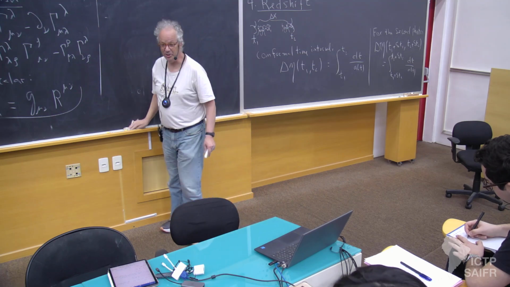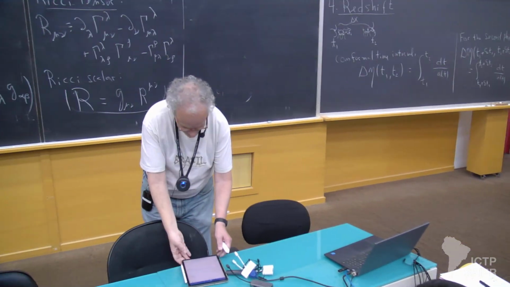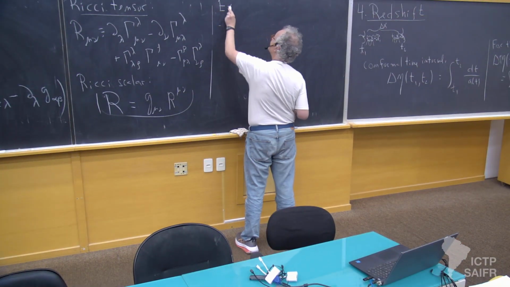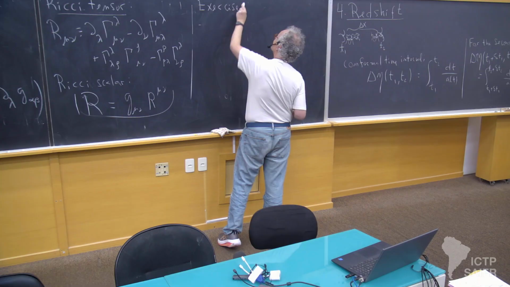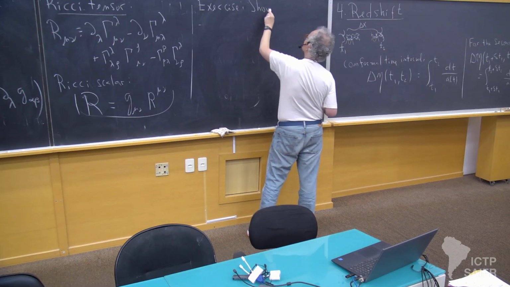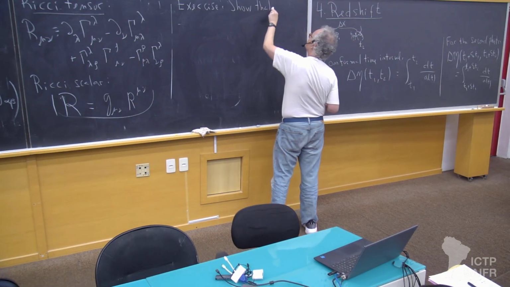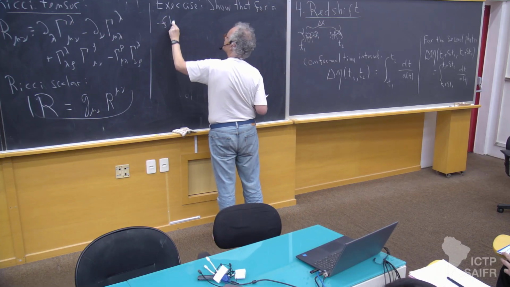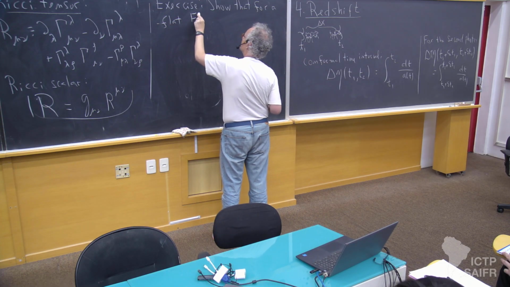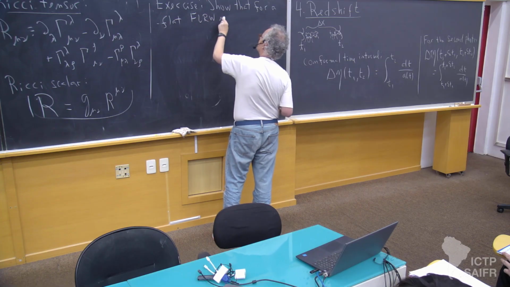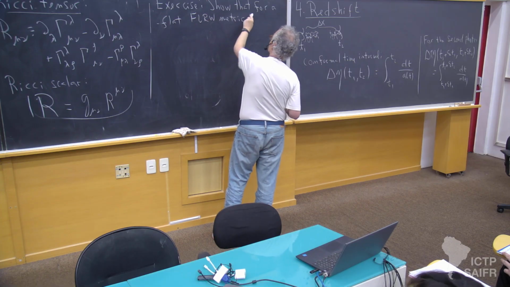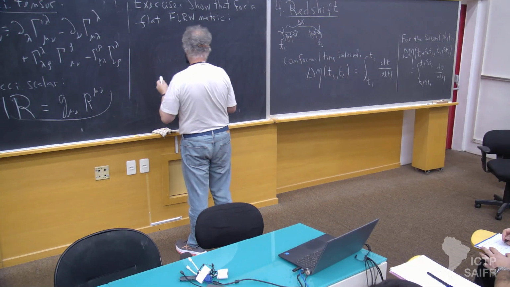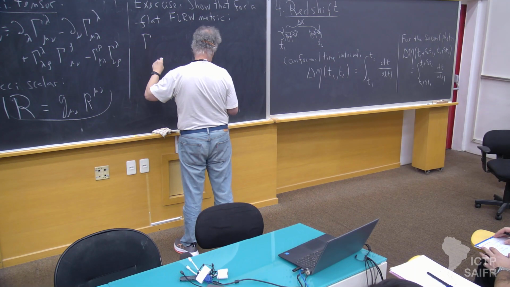So I will leave as an exercise for you to show that for a flat Friedmann, Lemaitre, Robertson, Walker metric, the only components of the Christoffel symbol that are non-zero are these ones.